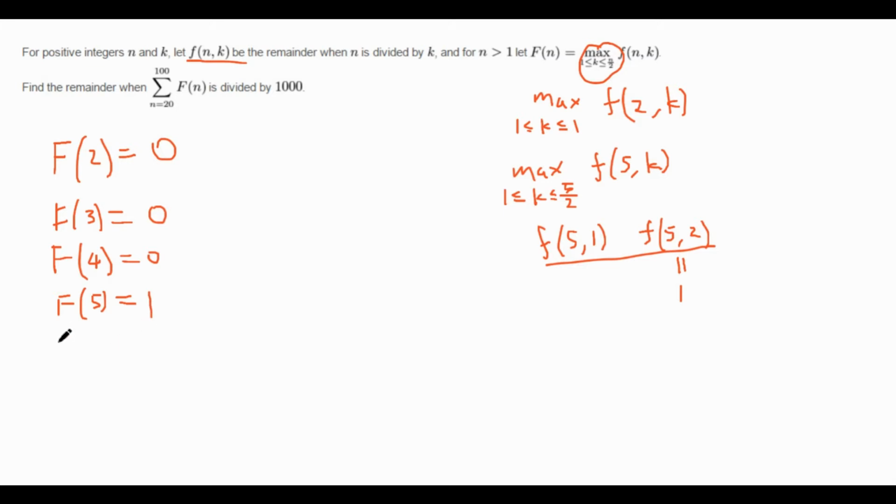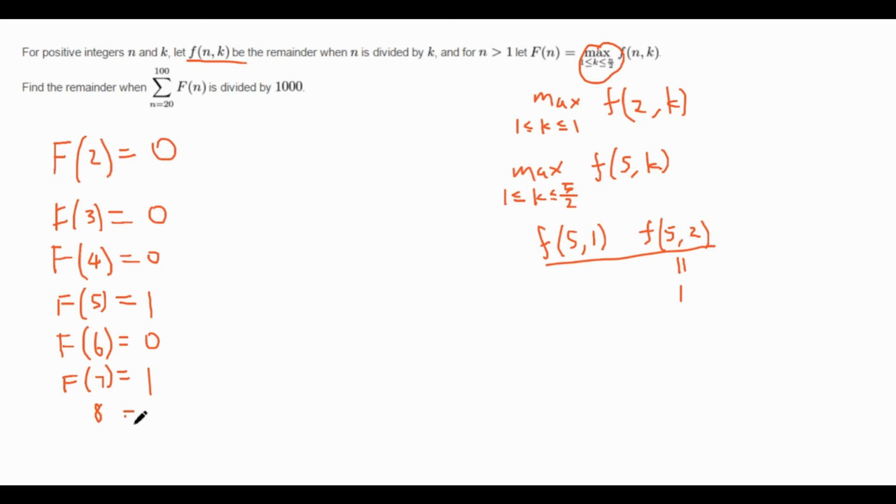This is all nice and well, but we still don't have any idea how to find the value of big F(n) for general n. So I just keep on listing values. F(6), you find it's 0. F(7), you find it's 1.